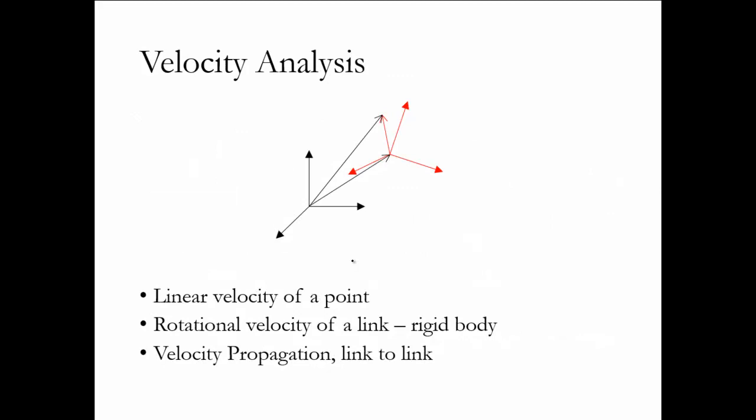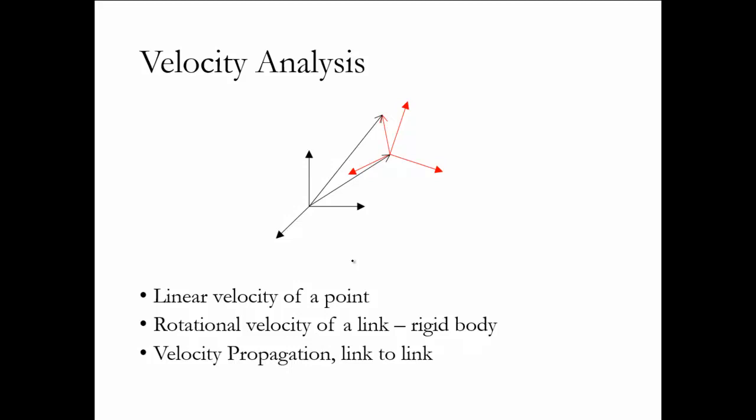Now let's come to velocity analysis. So we are interested in finding out the linear velocity of a point. Point here could refer to the point on the rigid body or on the robotic link. So in general we assume that a robotic link rotates and also moves, but it's all with the help of the actuators located at the joints.